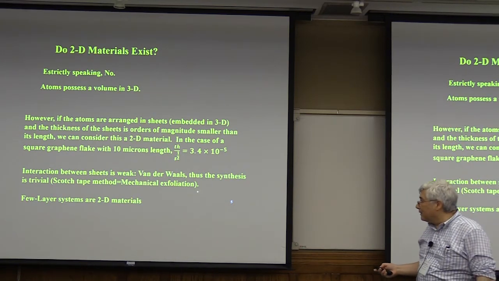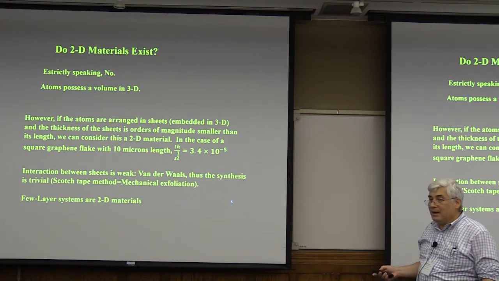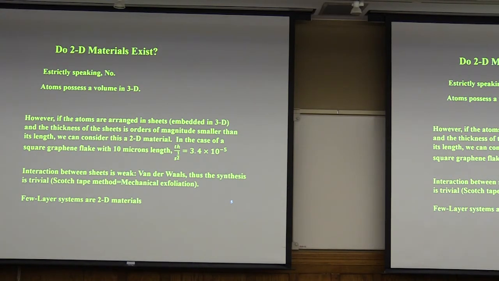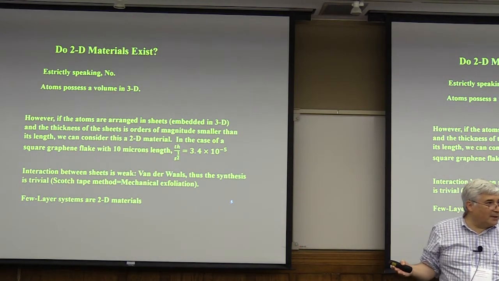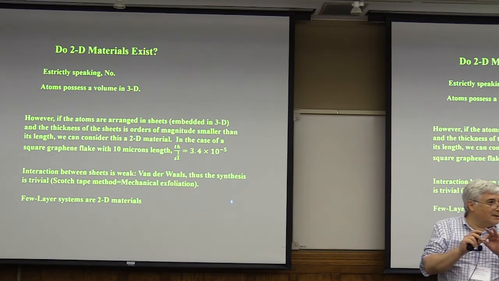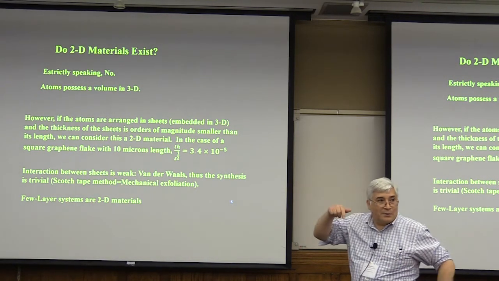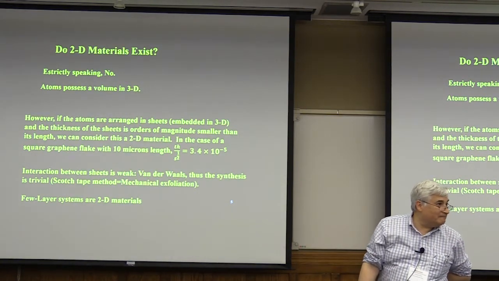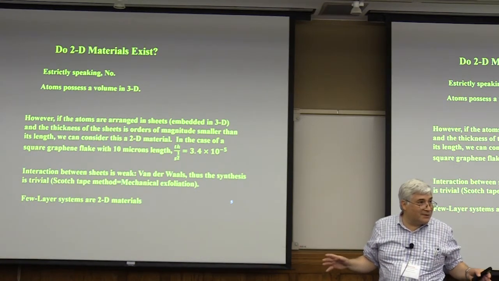In fact, Andre Geim and Konstantin Novoselov used the Scotch tape method that was known since a long time ago, since transmission electron microscopes appeared, to get very thin samples, because in a transmission electron microscope your electrons need to go through the sample. So if it is very thick, then you cannot see anything.